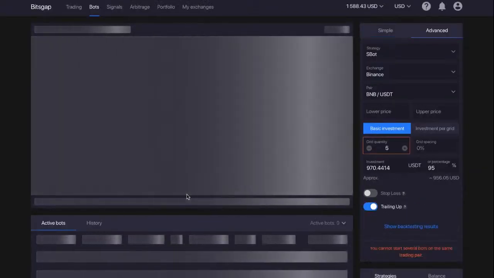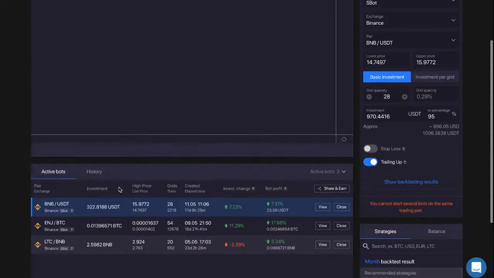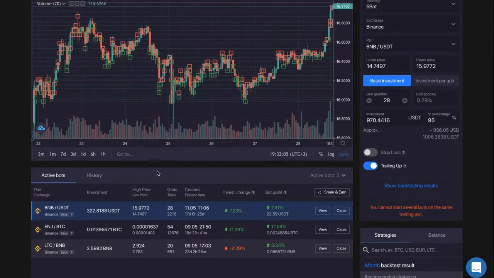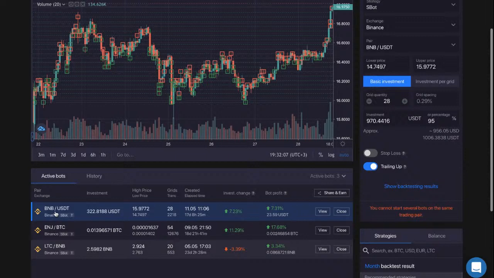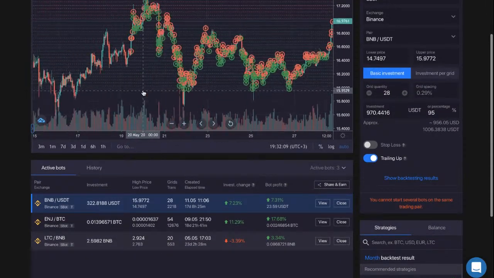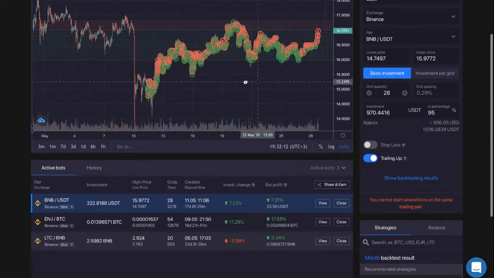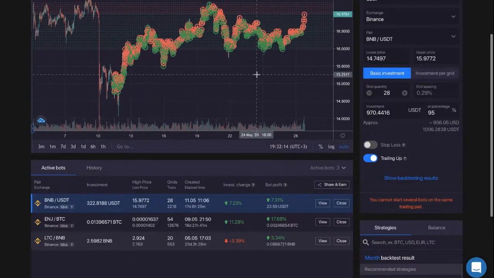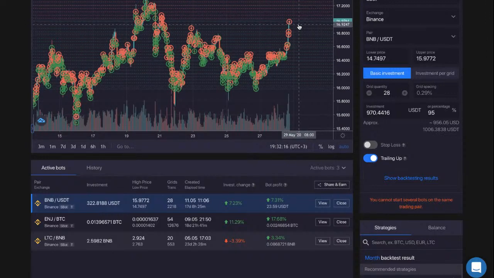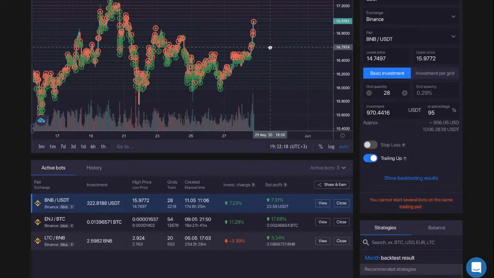So here you can see that I have BNB trading to USDT. That's exactly the example that I just showed you in the presentation. And as you can see right now, I have quite many buy limit orders, because I haven't changed the amount of grid levels.